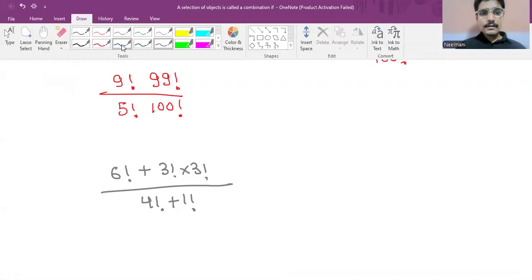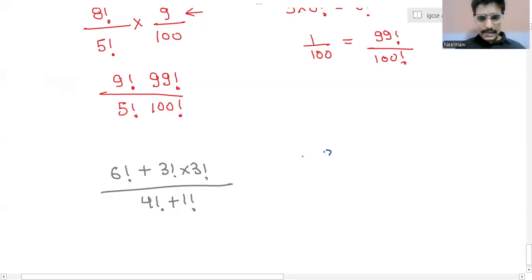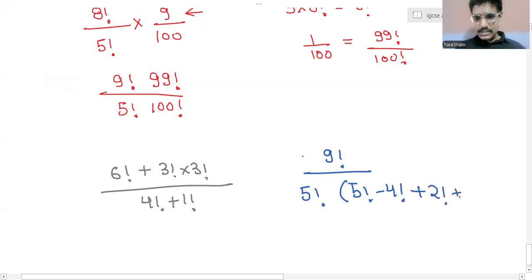Or can it be described as 9 factorial, which is of course our numerator, divided by 5 factorial into 5 factorial minus 4 factorial, plus 2 factorial plus 2 factorial? Now this is a very big answer, right? These are two other ways in which it can be represented.